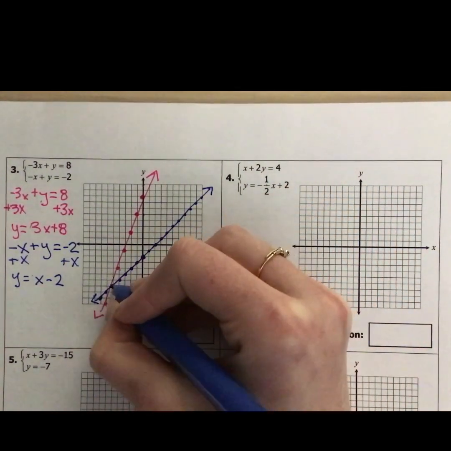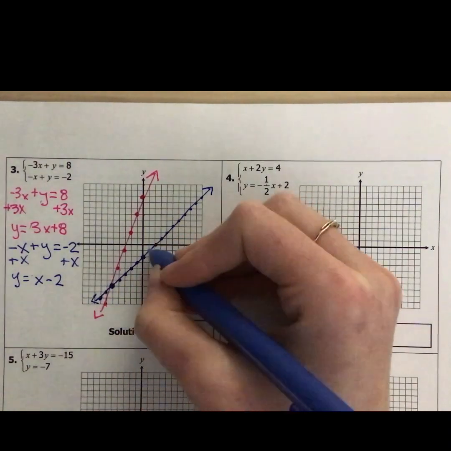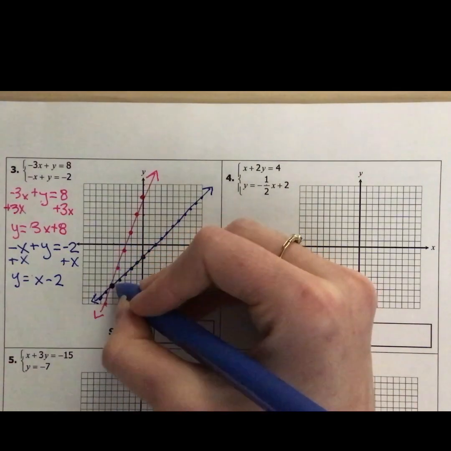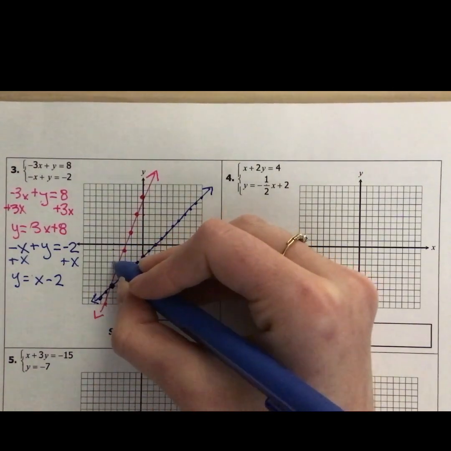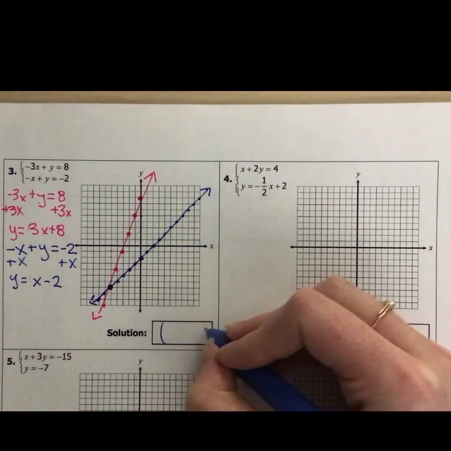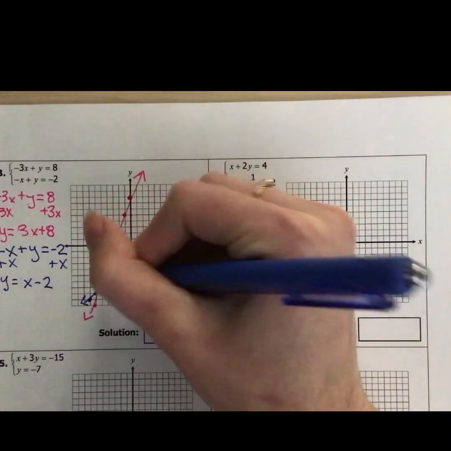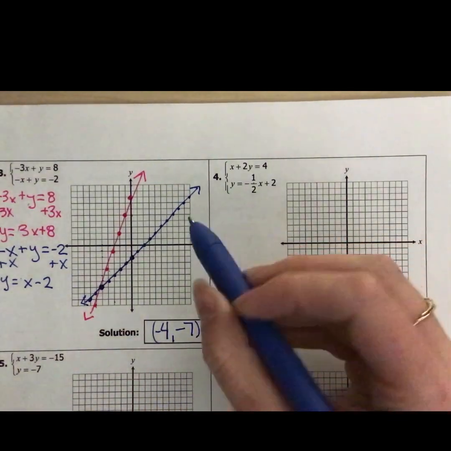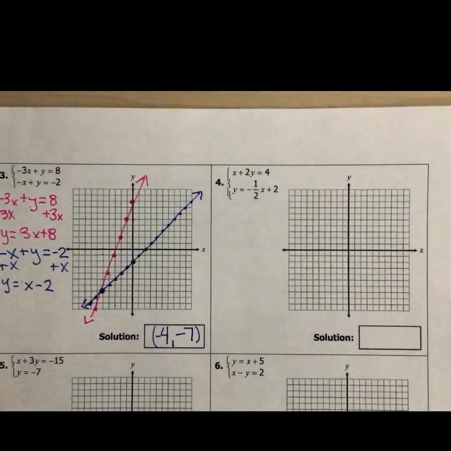The point they intersect at would be right here, which is 1, 2, 3, 4, 5 on x, and 1, 2, 3, 4, 5, 6, 7 on y. However, these went left and down, so that means that's -4, -7. So again, just one solution for this graph.